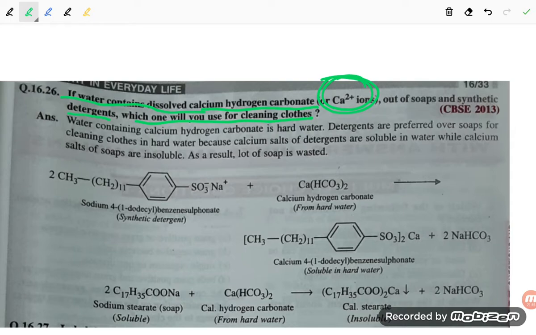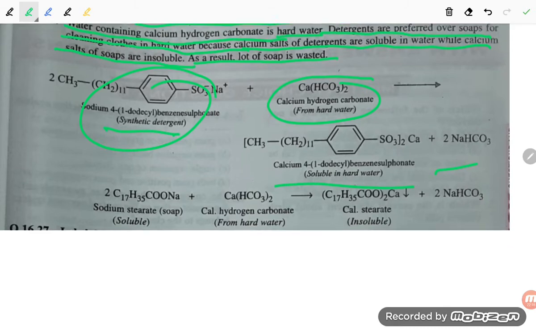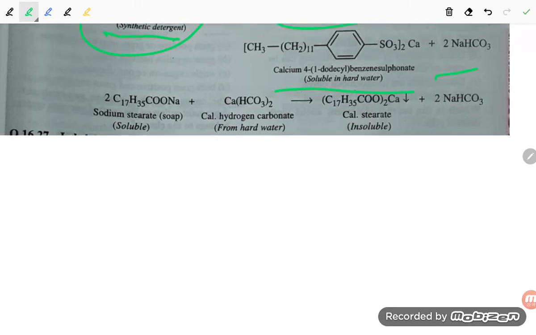So for hard water we need to take the synthetic detergent. Water containing calcium hydrogen carbonate is hard water. Detergents are preferred over soap for cleansing clothes in hard water because calcium salts of detergents are soluble in water while calcium salts of soap are insoluble. As a result, lots of soap is wasted. So this is the example, calcium hydrogen carbonate and synthetic detergent, forming this compound, and so it will act as a cleansing agent.